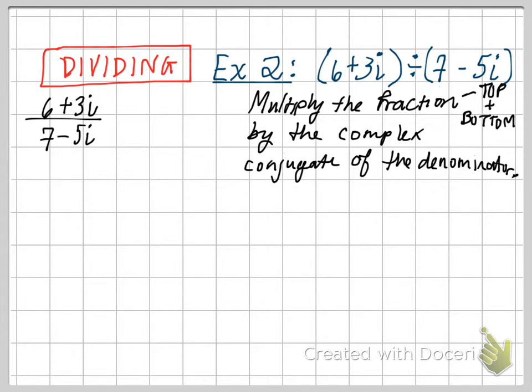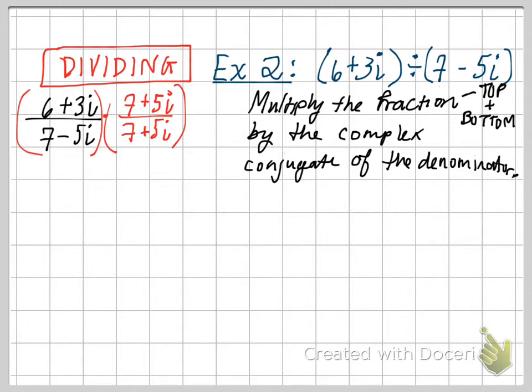So what that looks like here is to multiply top and bottom by the conjugate of 7 minus 5i, which is 7 plus 5i. And since 7 plus 5i divided by 7 plus 5i is just 1, that's the same thing over itself, that's not changing my expression at all. It's keeping it equivalent.